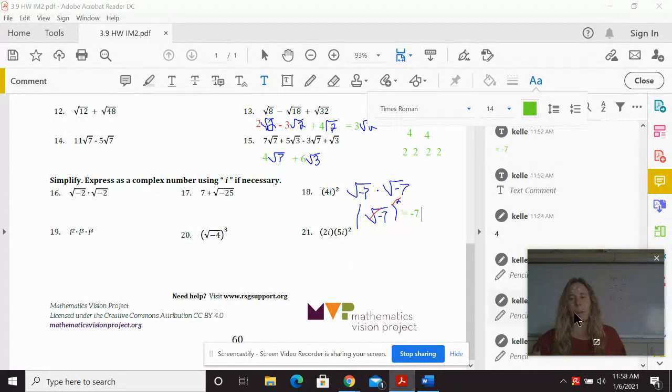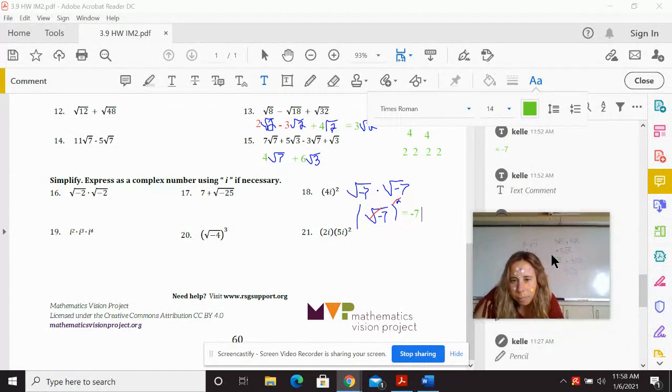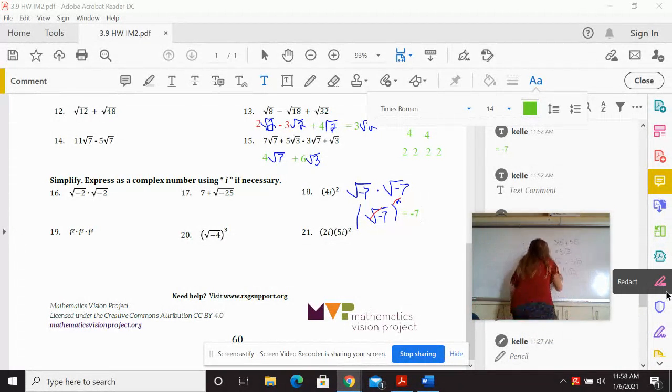Can you see the whiteboard? Can you see that well enough that I could do it on the whiteboard? I think so. I can look that up.